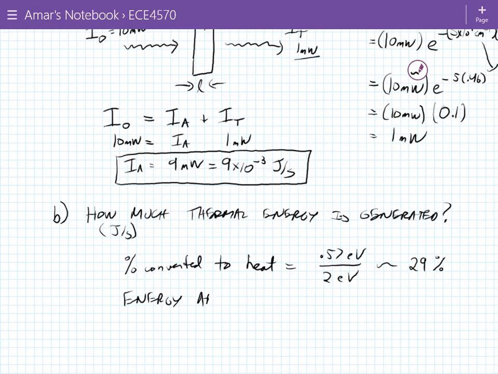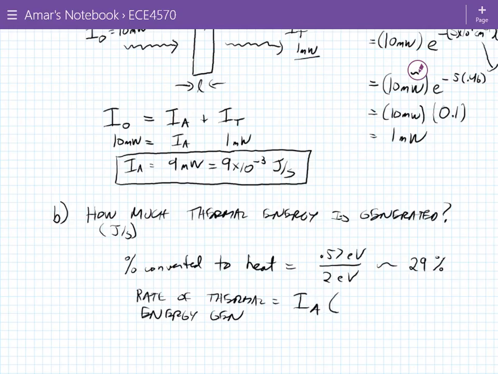Let's say that the rate of thermal energy generation is equal to the absorbed energy multiplied by this 29%.